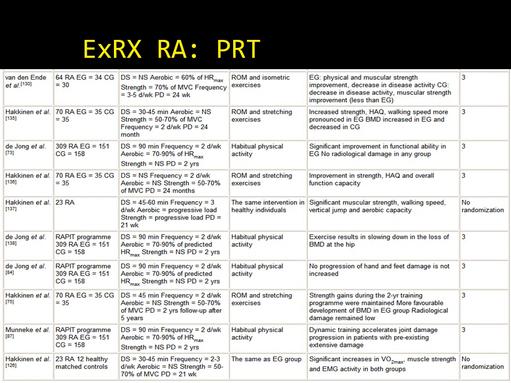Other RCTs support the beneficial effects of this type of exercise in patients with recent onset, active or inactive rheumatoid arthritis. As a result of these findings, the American College of Rheumatology updated the treatment guidelines to introduce dynamic exercise as an effective means for the management of rheumatoid arthritis.